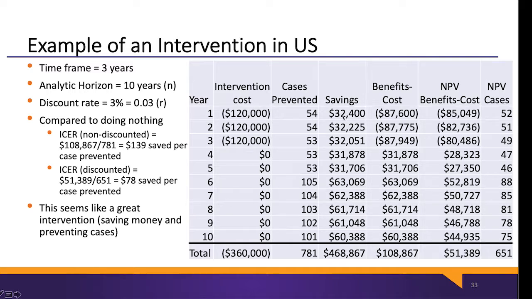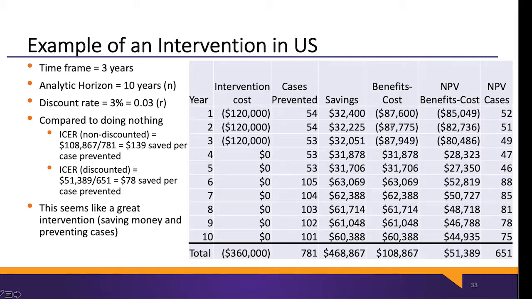And because of that, we saved $32,000. And the same thing, for example, in year 6, we prevented 105 cases, and thus we saved $63,000. And when we add all that savings up, we end up saving almost $469,000 over 10 years.